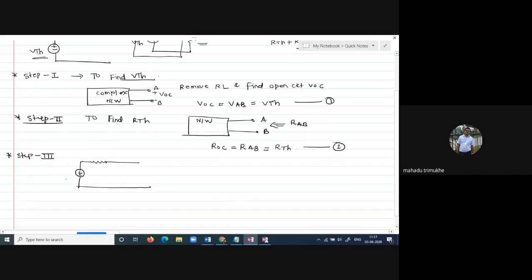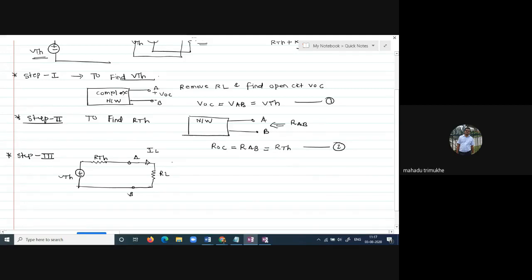This is your Thevenin equivalent circuit, with VTH and RTH. At points A and B, you connect whatever load you removed. That is your RL.